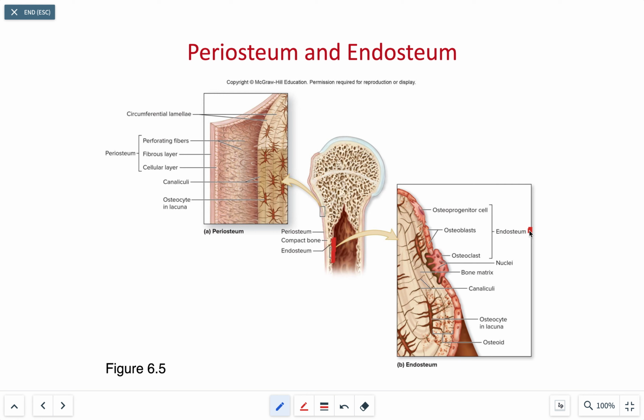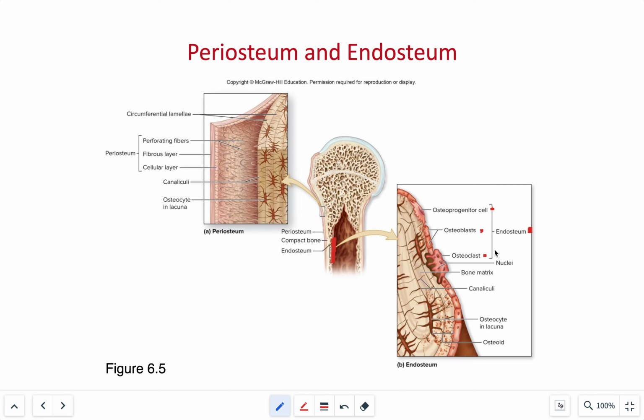And this endosteum is going to contain osteoprogenitor cells, osteoblasts and osteoclasts. We'll talk about each one of these individually, but these are active during bone growth, repair, such as breaking bones, or remodeling, such as a hairline fracture.